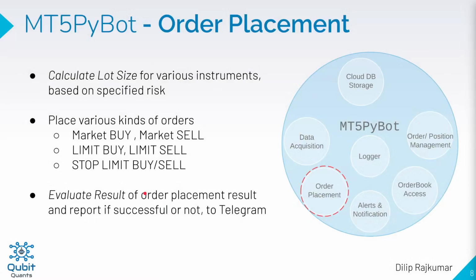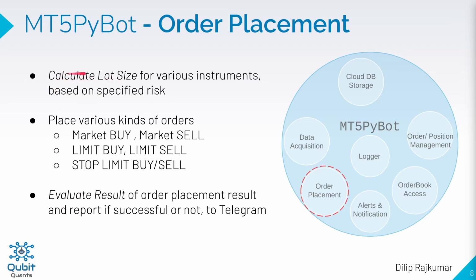The order placement section has functions that basically allows the placement of many different types of orders, with both immediate market orders as well as pending orders. Of course, before placing any order, we have to calculate the appropriate volume or lot size that corresponds to the defined risk.